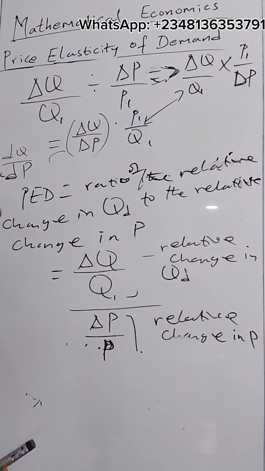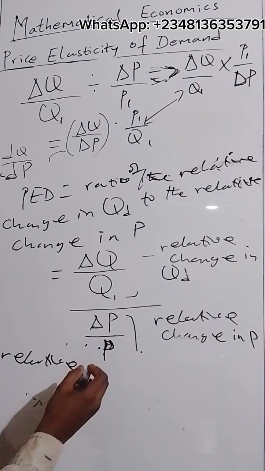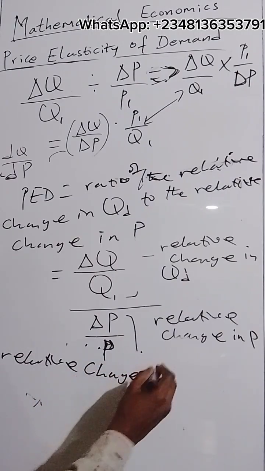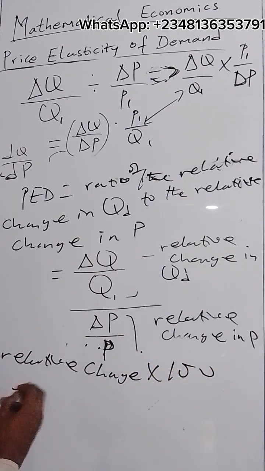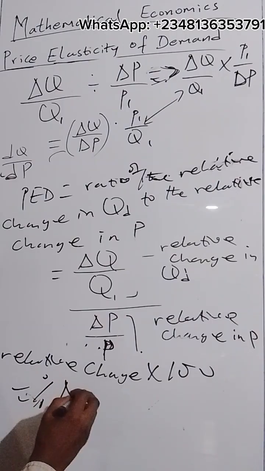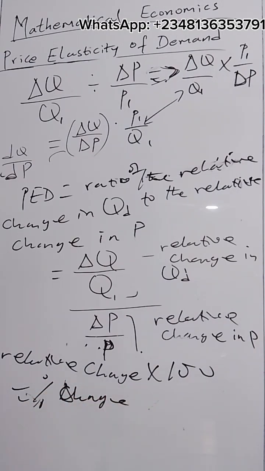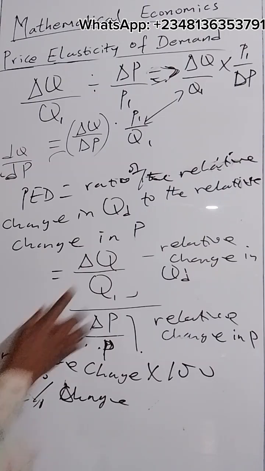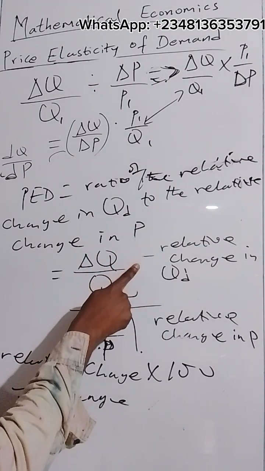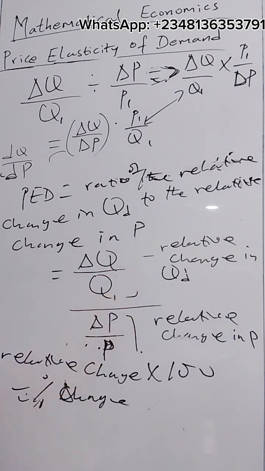In other words, a relative change multiplied by 100 becomes a percentage change. If I multiply this by 100, it's going to give me percentage change in quantity demanded rather than just relative change in quantity demanded.